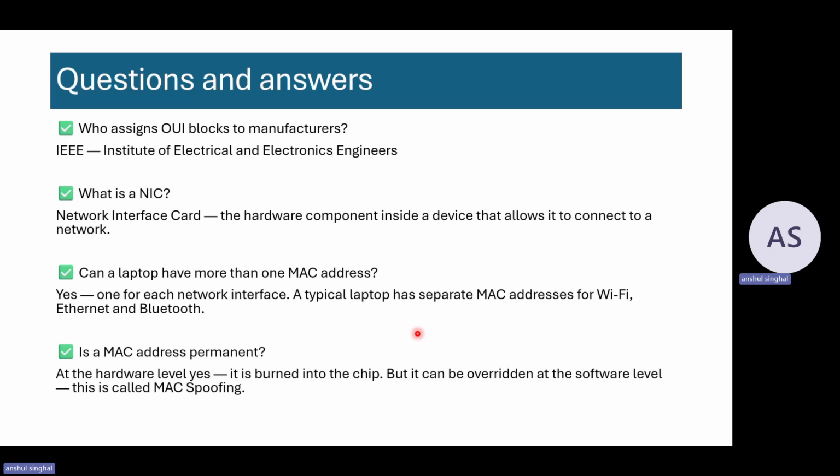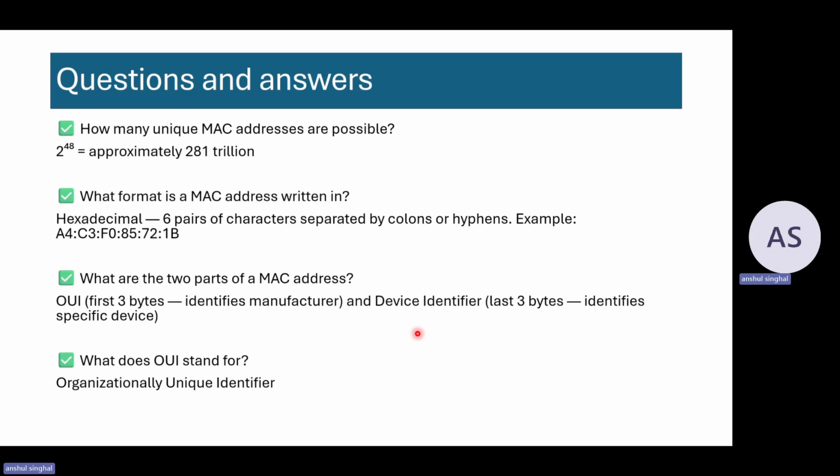For example, if you look at the previous example of our MAC address, here are the first 3 bytes, right? It can be a network interface card manufactured by Intel, or let's say some other company like Apple or Google.